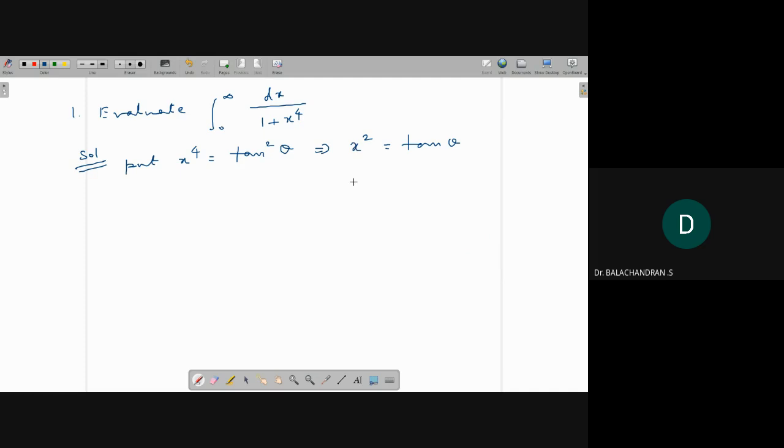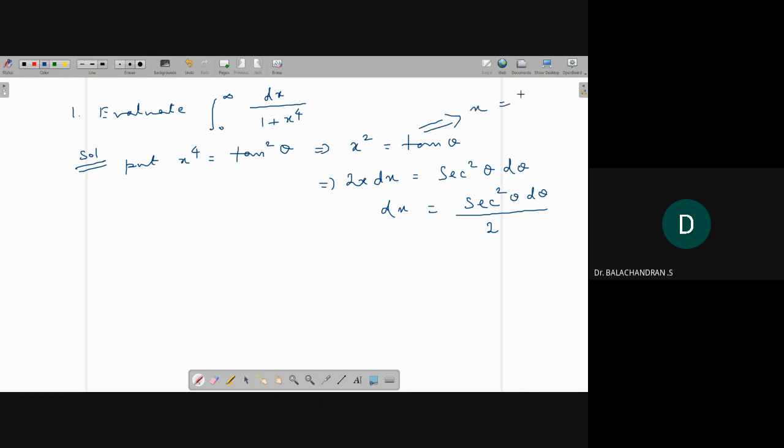If you differentiate with respect to theta, you'll get 2x dx equal to secant square theta into d theta. I need a dx. So dx is equal to secant square theta d theta divided by 2 into x. But I need to write x in terms of theta.